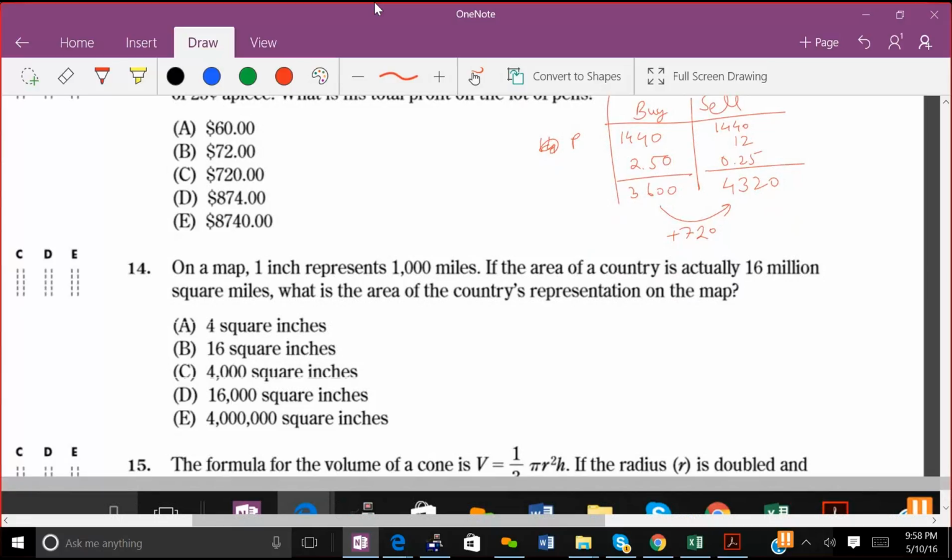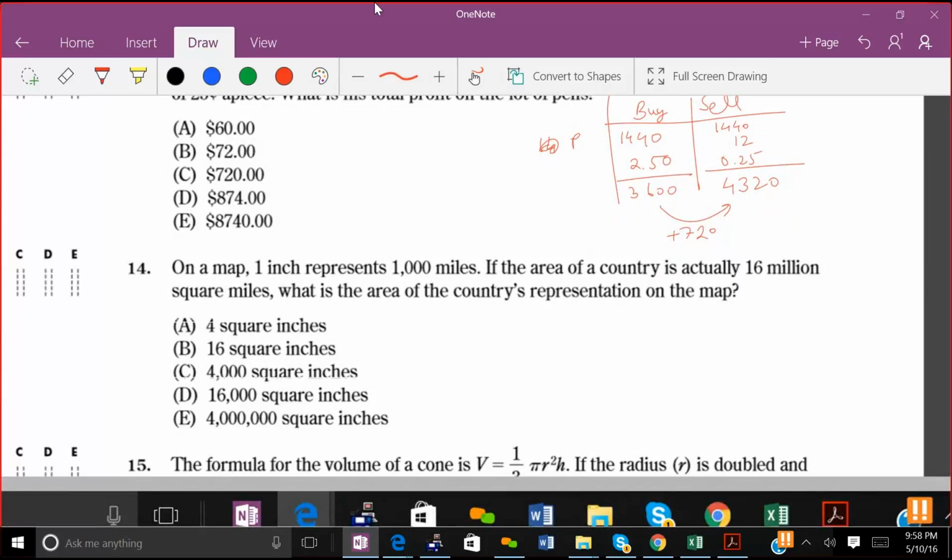Yeah. On the map, 1 inch represents 1,000 miles. The area of a country is actually 16 million square miles. What is the area of the country representation on the map?